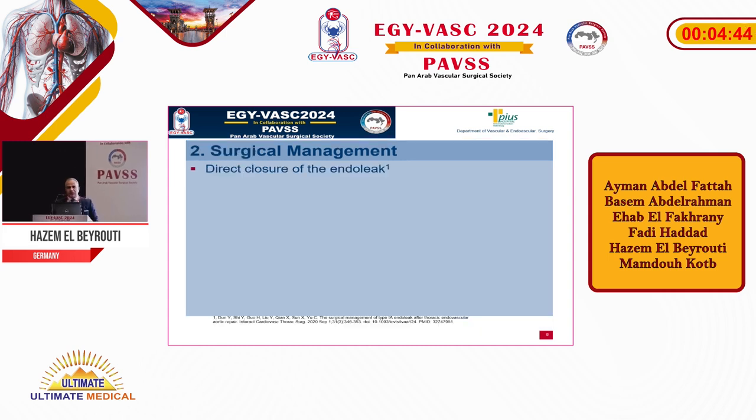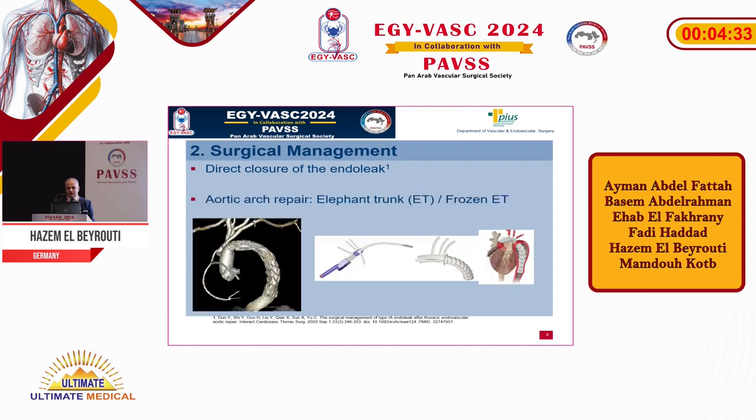For surgical management, we have the direct closure of the endoleak, which has not been performed for a long time, forgotten. As a second choice of surgical management, we have aortic arch repair, such as elephant trunk or frozen elephant trunk.